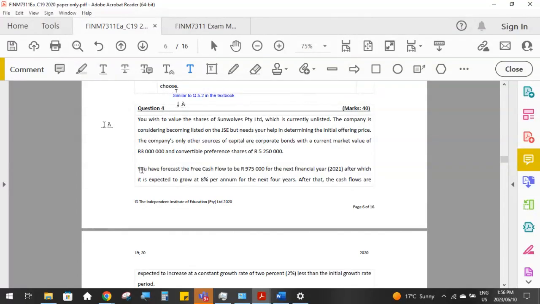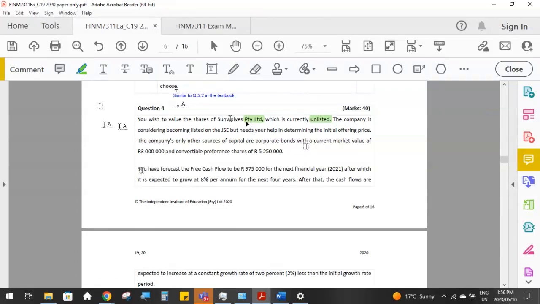Okay, so we wish to value the shares of Sunwolves Pty Limited, which is currently unlisted. So unlisted means that the shares are not publicly traded. It's a privately held company. Pty Limited means it's proprietary limited. The shares of the company are held by a specific private group of individuals. So these guys want to list publicly.